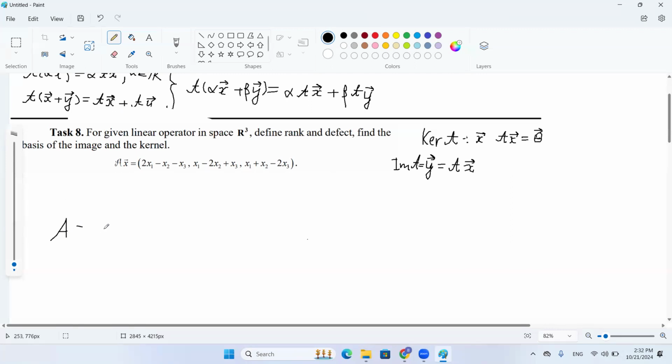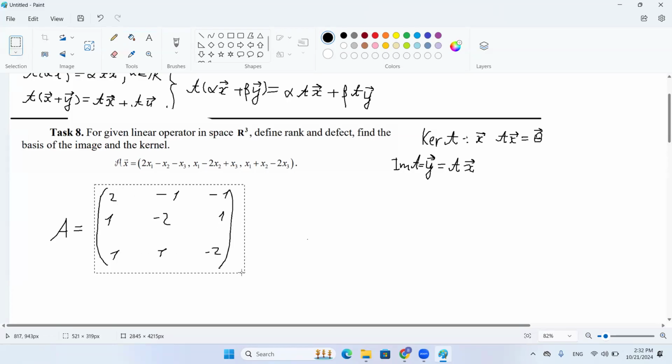Okay. So now let's start on finding all these things. First of all, I will write operator A in matrix form. So 2 minus 1 minus 1, then 1 minus 2 and 1, 1, 1 minus 2. So first of all we need to find the kernel.